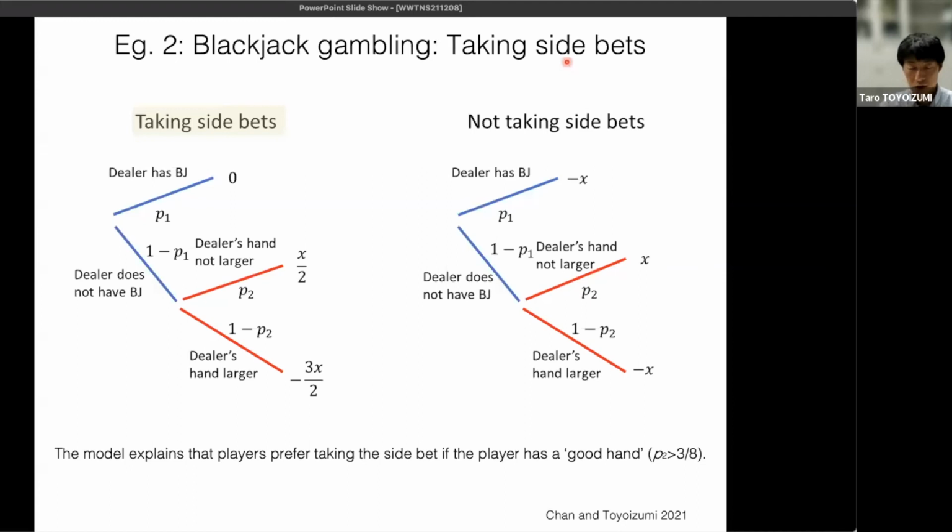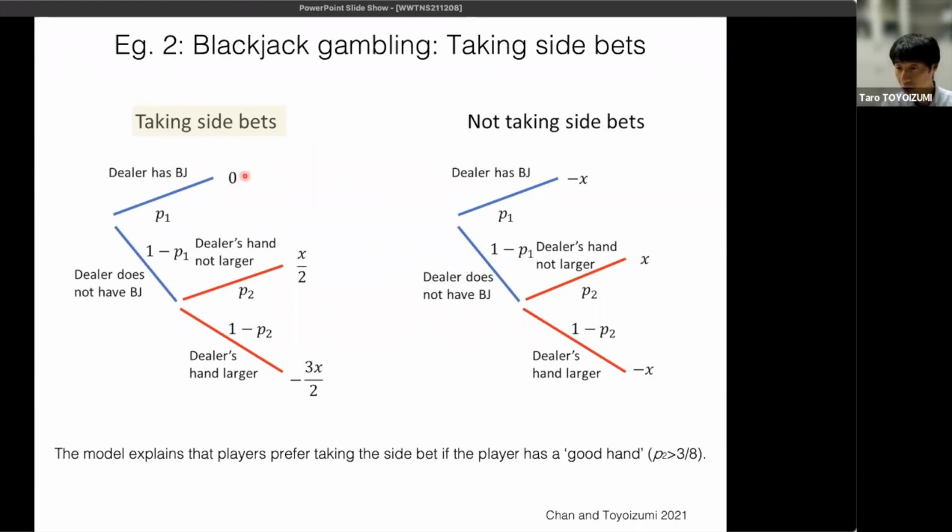Side bet is a kind of insurance against a bad situation that dealer gets the blackjack. So if you take the side bets by paying the premium and the dealer has a blackjack, the premium is back. So that means you don't lose anything or you don't gain anything.